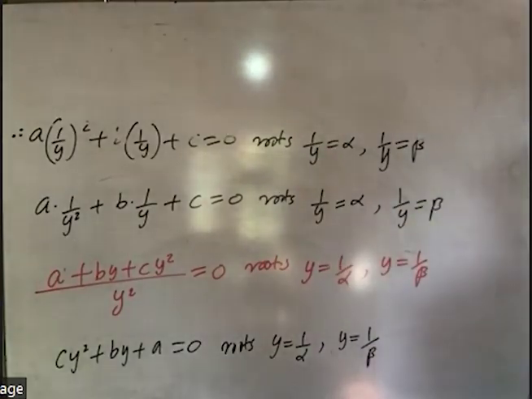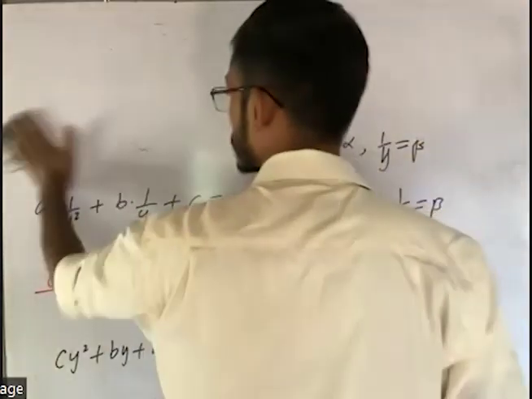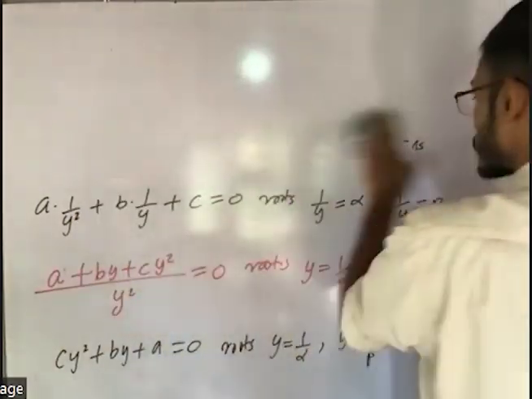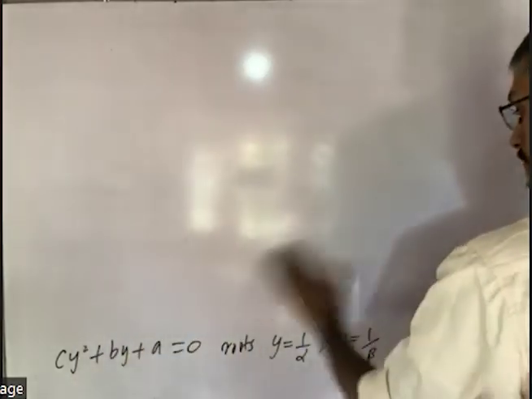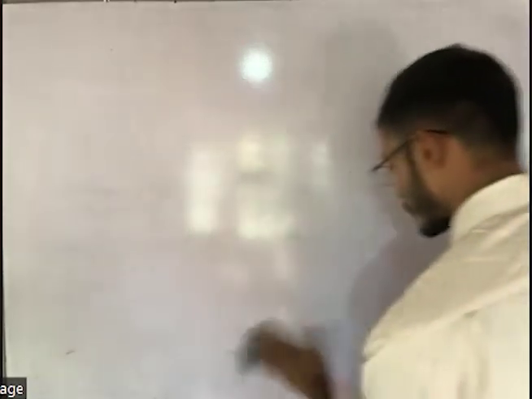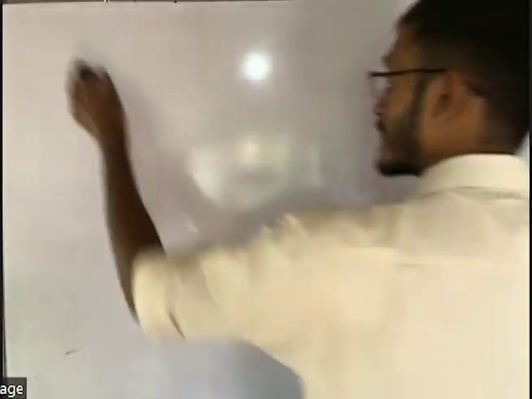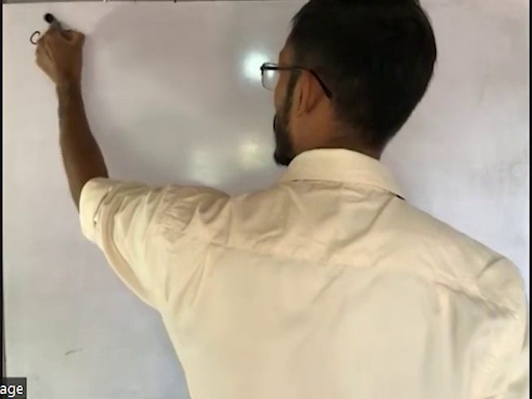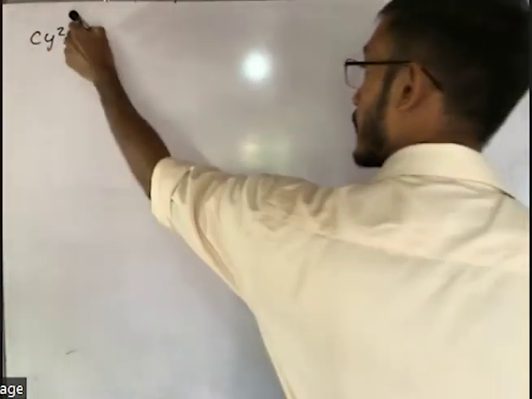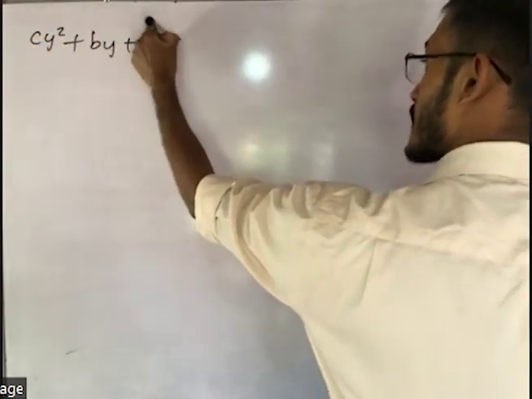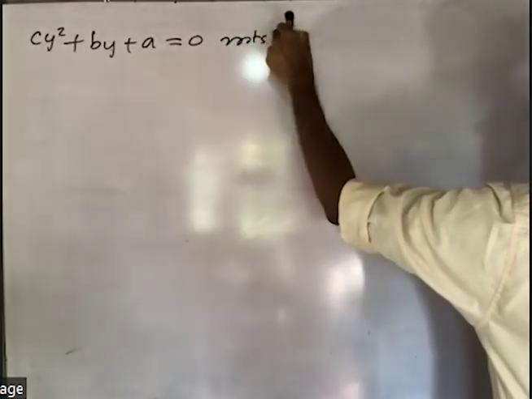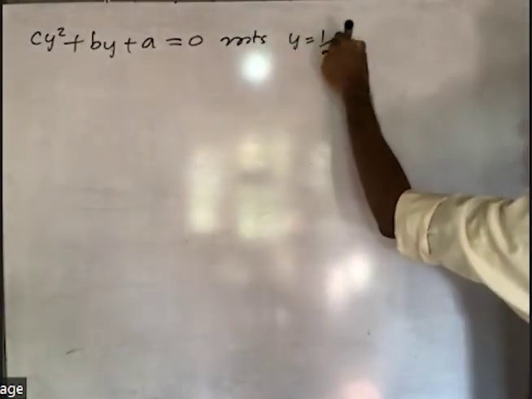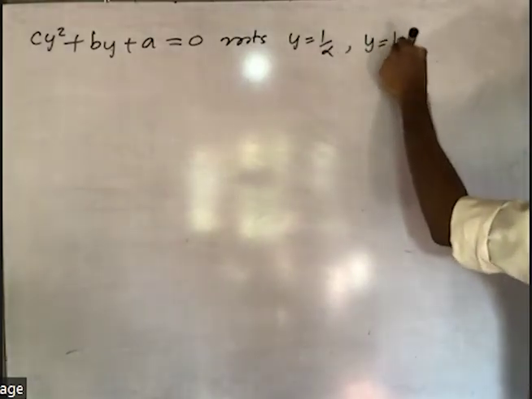If you look at this final answer, we have cy square plus by plus a equals 0. Here the roots are y equals 1 over alpha, comma y equals 1 over beta.